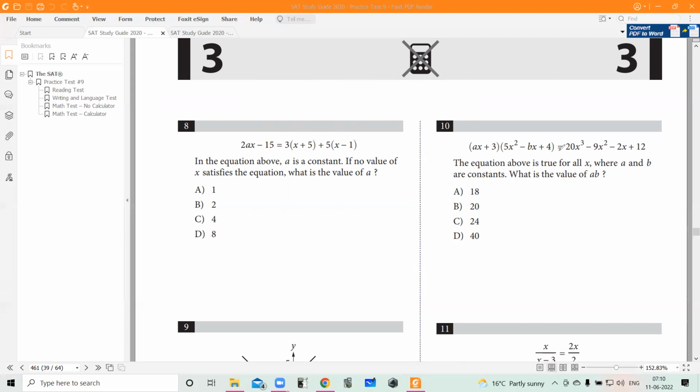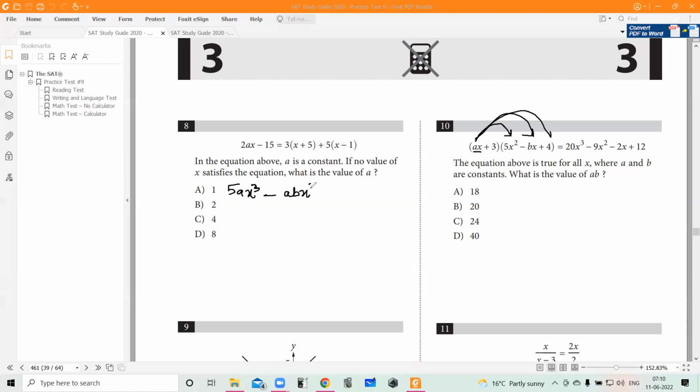It's a cubic equation, so we'll have the same principle, but we'll multiply this thing first. ax times 5x squared, ax times negative bx, ax times 4. How much is that? 5ax cubed, sorry. And then minus abx squared.